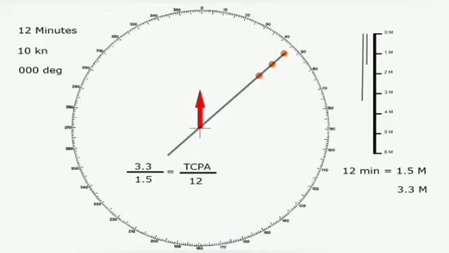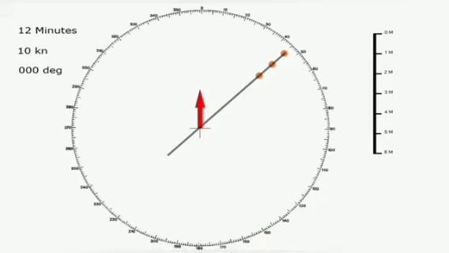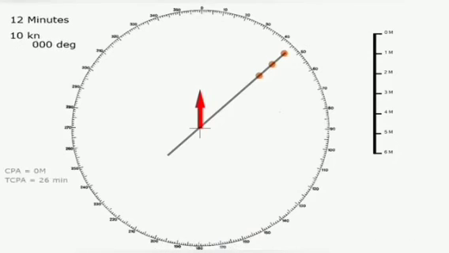And we simply lay it out like this. All we do is move the 12 to the other side, simple algebra here, to find the time to the closest point of approach, and running that through the calculator, rounding off to the nearest minute, we get 26 minutes. We can start writing these down the side. So our CPA, as we've said, is 0, and our time to the closest point of approach is 26 minutes.